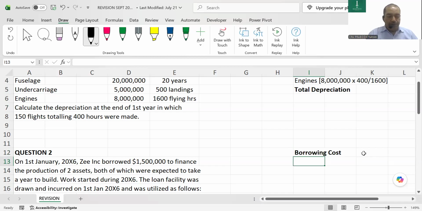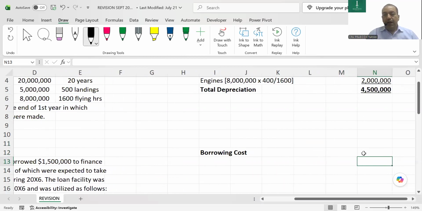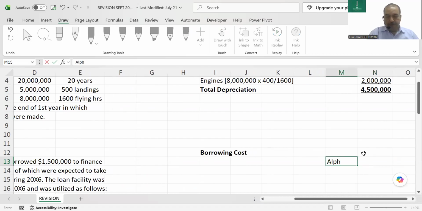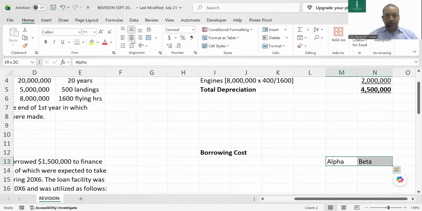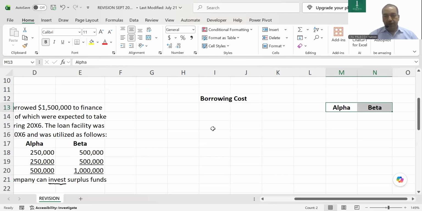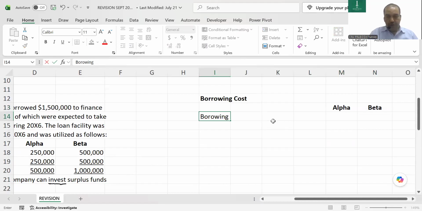How to calculate now? I have 2 assets, alpha and beta. Borrowing cost at 9%.